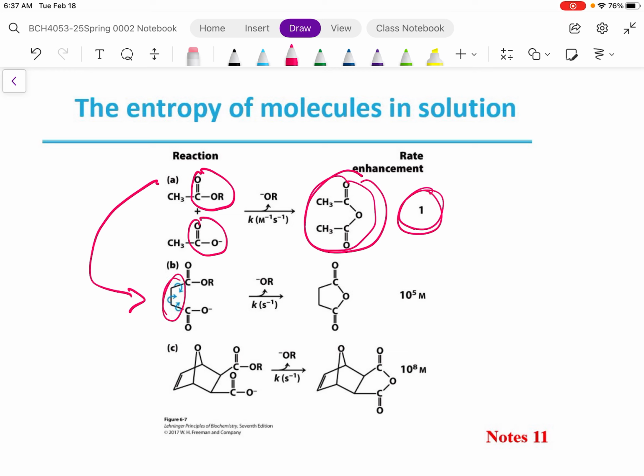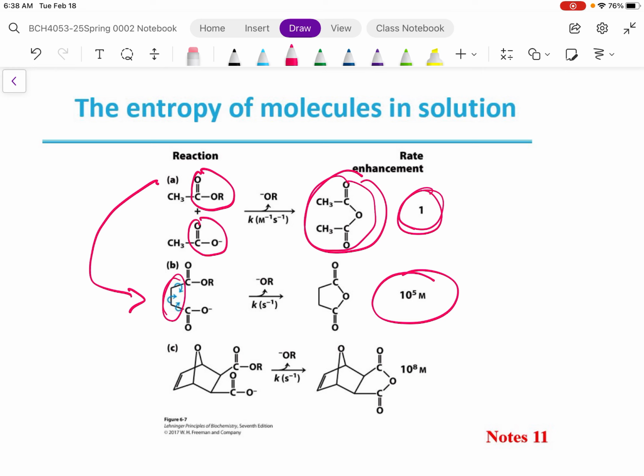But from free to tethered, the entropy has decreased because it's constrained. And what happens when we constrain it? Look at the rate increase. 5 orders of magnitude faster because we were taking those 2 species and getting them close to one another. Because they're tethered together, they're aligned so that they can react.